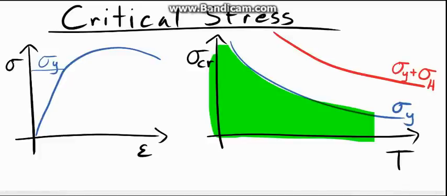And what that does is it effectively increases the stress range where we can use that material and shifts that safe zone to higher values. And so that's very important when we're thinking about design and designing different materials.